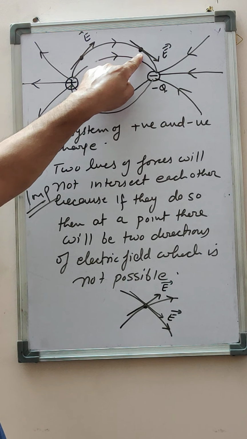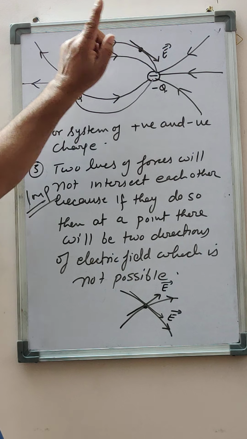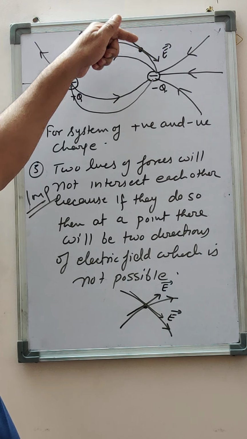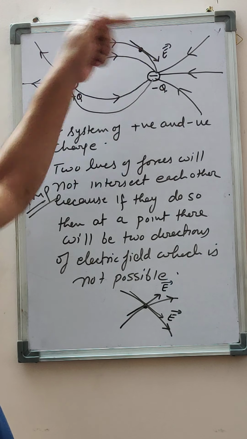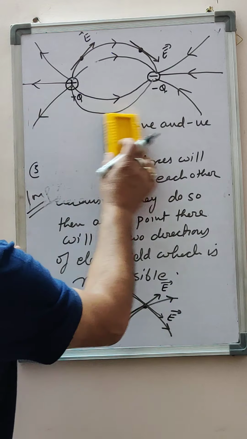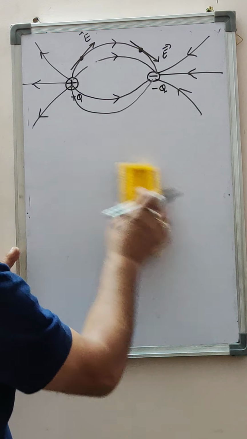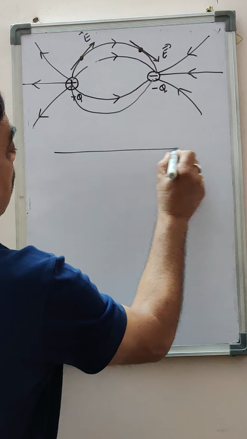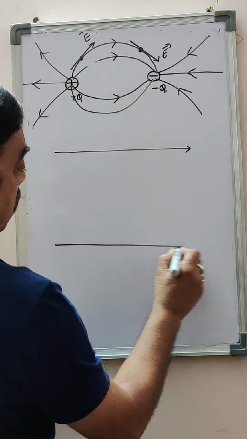Here the direction of field is this one. So the same will be the direction of force acting on the positive charge over here. This will be a very important point. Suppose you have electric field in this way.